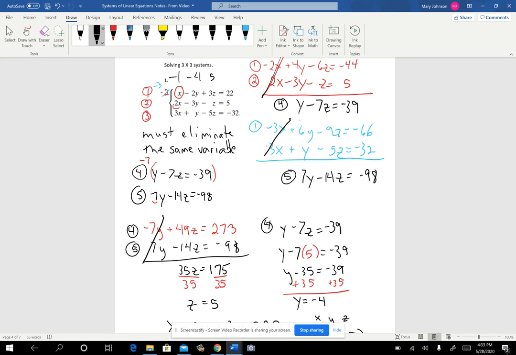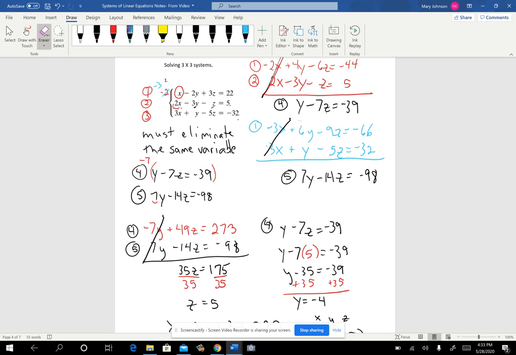I used the top one to find x, so I'll check the second one. 2 times negative 1 would be negative 2 plus positive 12, that would be 10. 10 minus 5 would equal 5. And then I do the same thing here: negative 3 minus 4 minus 25, and that would be negative 32 like it's supposed to be. So I usually do a quick check at the end to make sure it really works in all three equations.